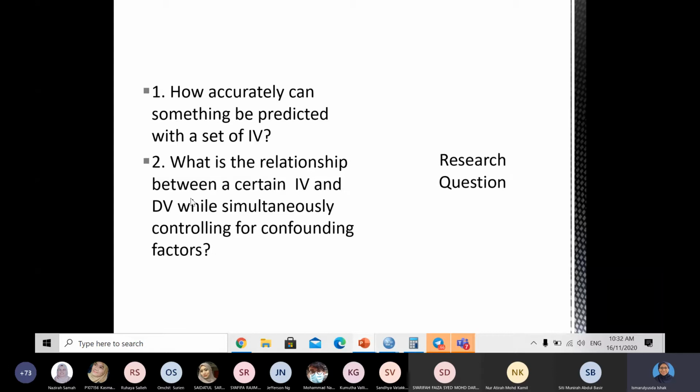If you have many confounding risk factors, for example, what is the relationship between suicide and depression, anxiety, and stress while simultaneously controlling for age, gender, physical activity, nutrients, maybe all the confounding factors. So this is how you can write your research questions.